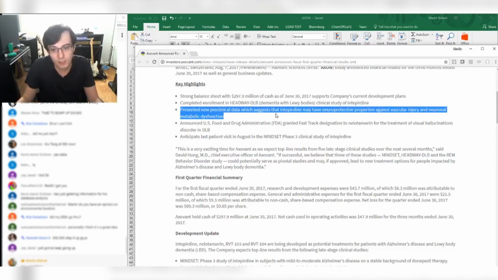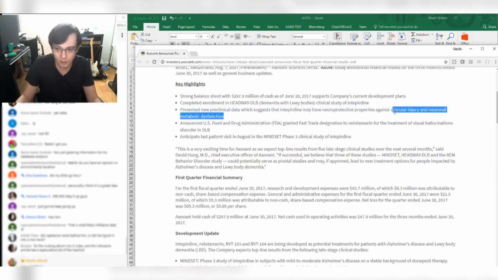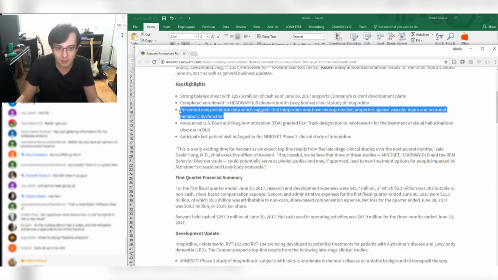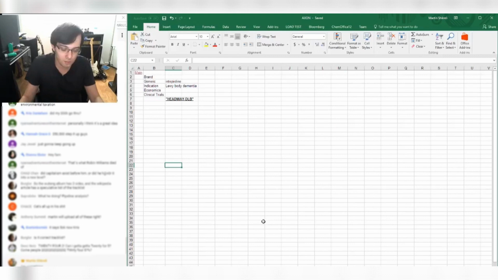Presented new preclinical data which suggests that etepridine may have neuroprotective properties against vascular injury and neuronal metabolic dysfunction. Okay. Again, my expertise is that this is irrelevant, but I don't mind putting preclinical data.